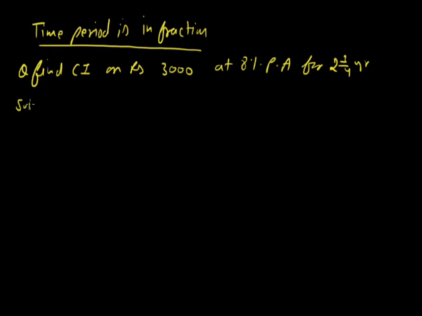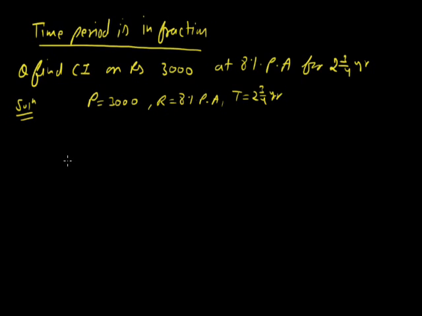So let's see the solution. Principal is given to us, that is 3000, rate of interest is 8% per annum, and the time period is 3/4 years. So here the time period is in fraction.